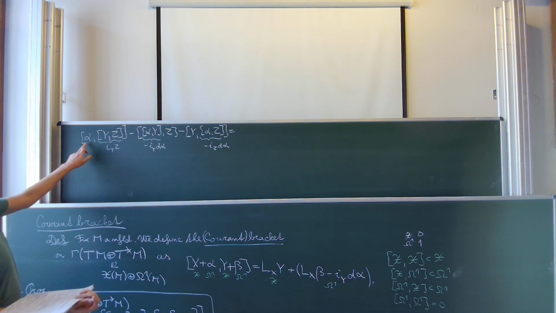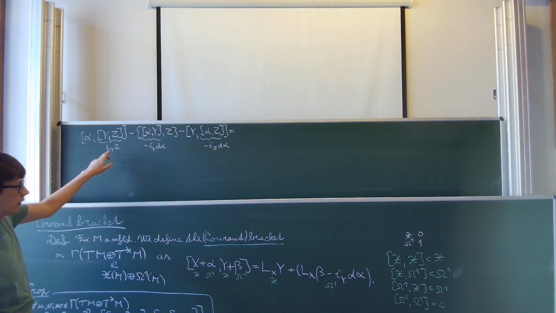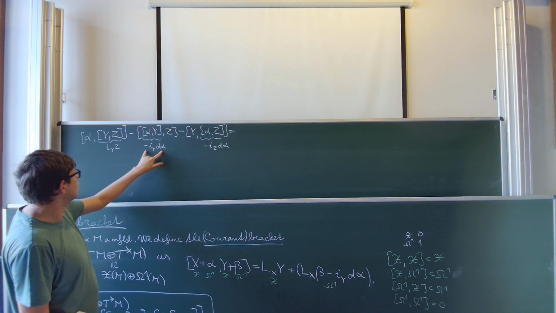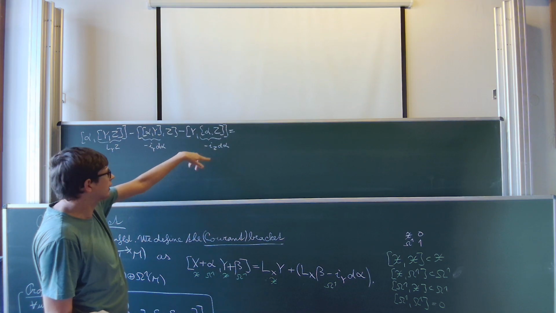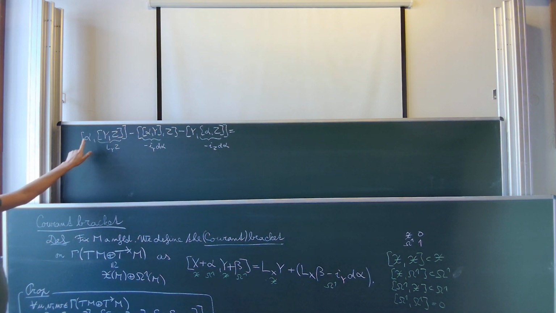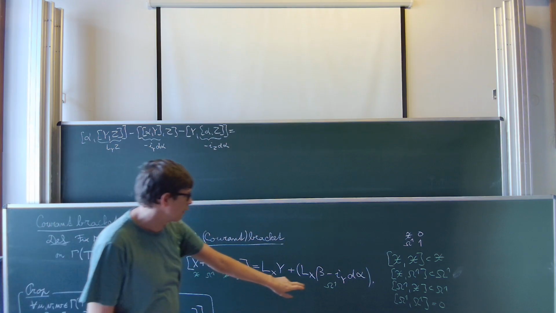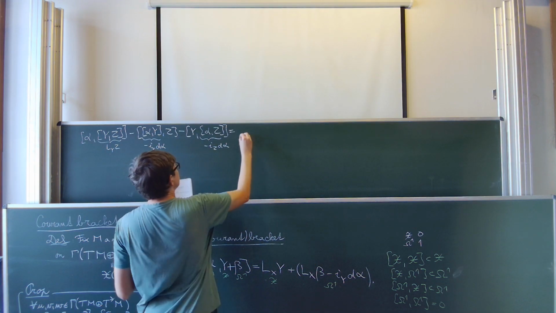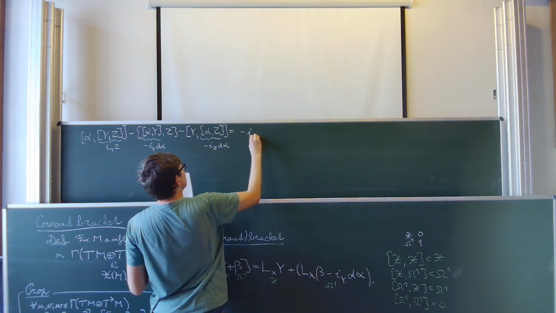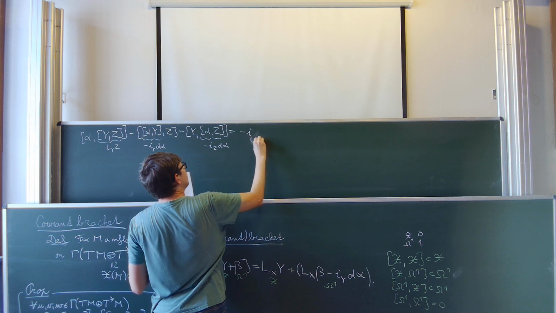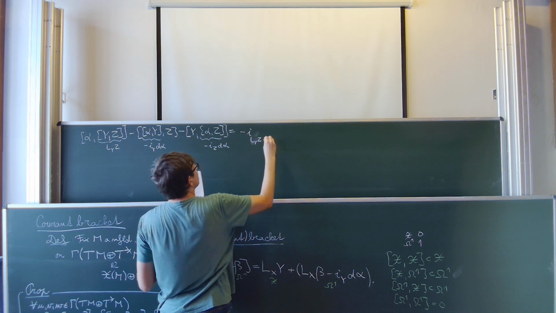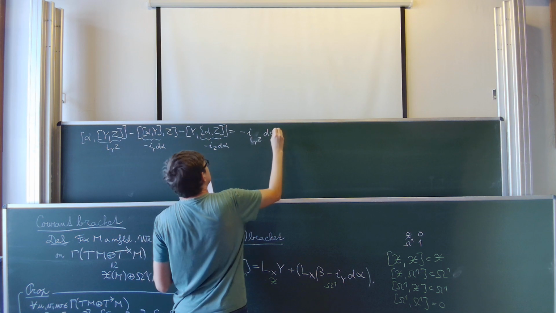And what do we get? We have a one form and a vector. Here we have the same one form and a vector. And here we have one vector in another order. Okay, one form and vector gives us again this guy. So that's minus I of Z d alpha.